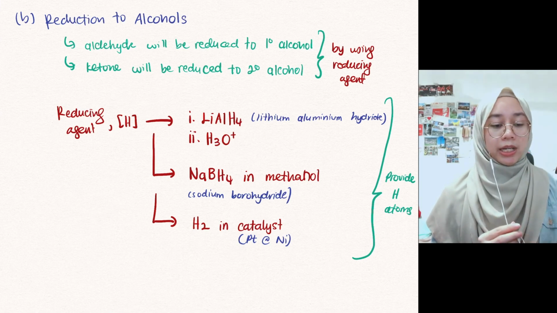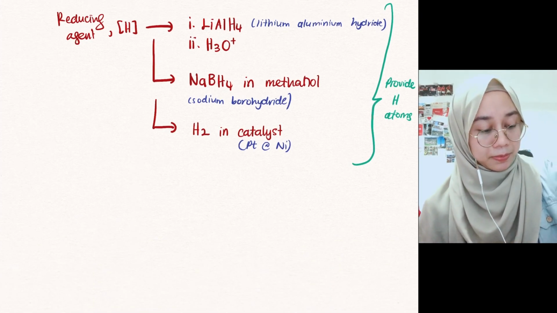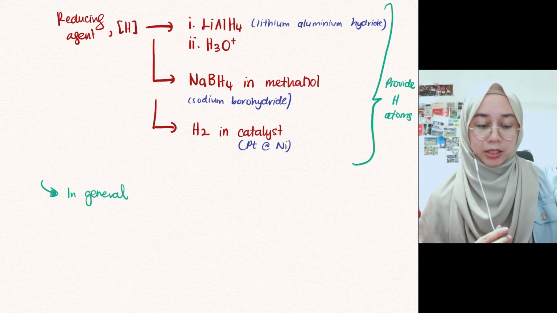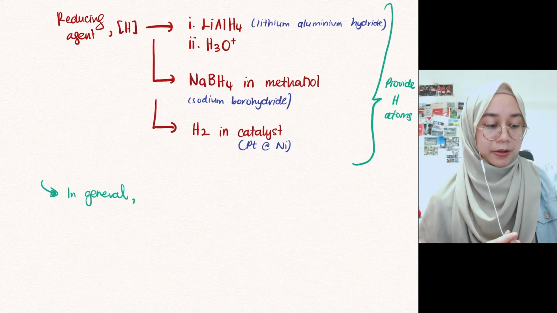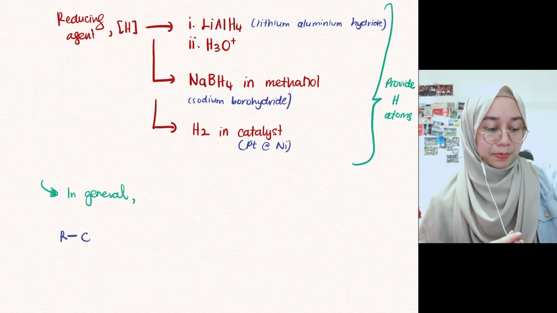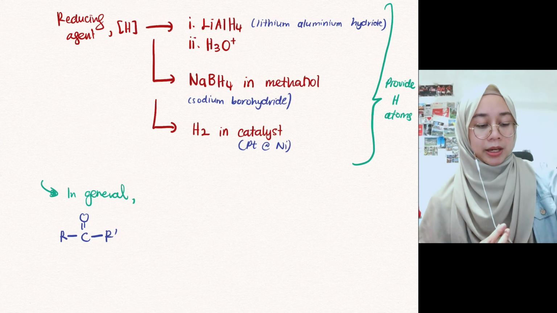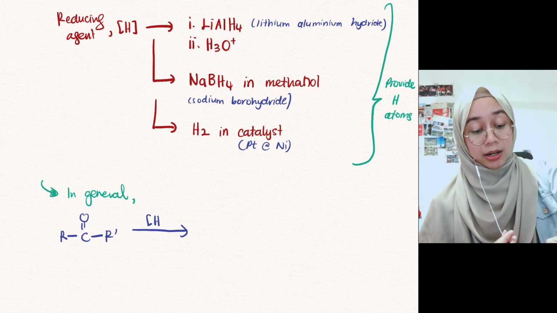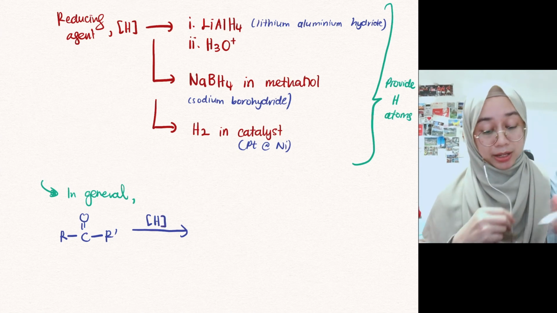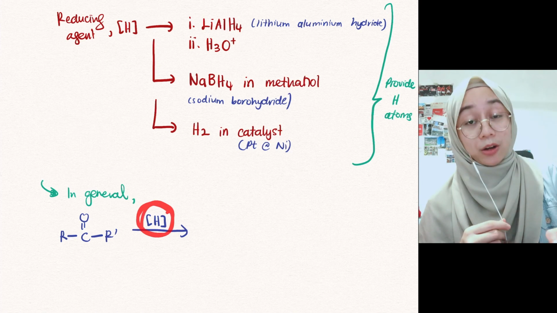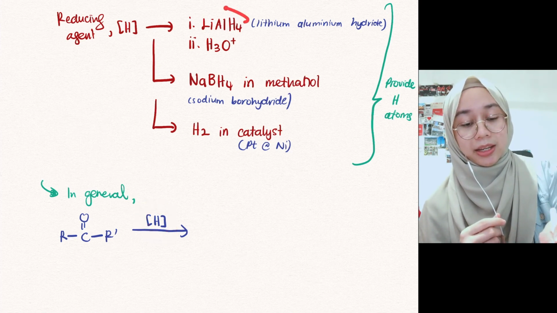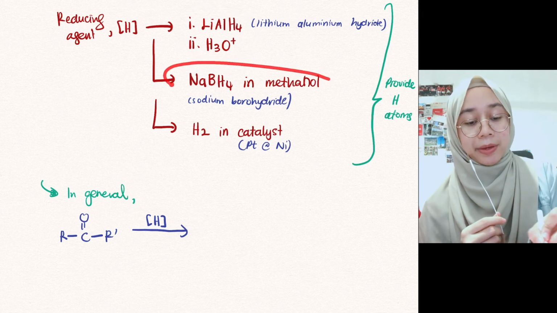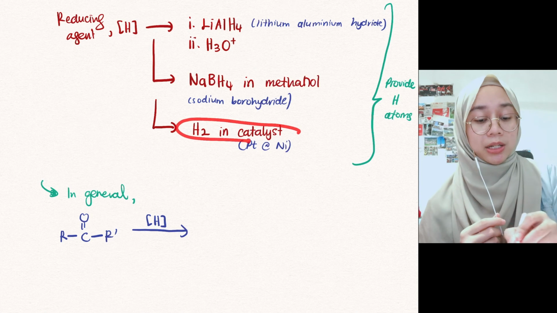Okay, so in general, if you have your carbonyl group, and then kita reactkan dia undergoes reduction, okay, where benda kat tengah-tengah ni, sign ni kan, ini menunjukkan reducing agent lah. It can be the lithium aluminium hydride with hydrolysis, ataupun NaBH4 in methanol, ataupun hydrogen with catalyst.